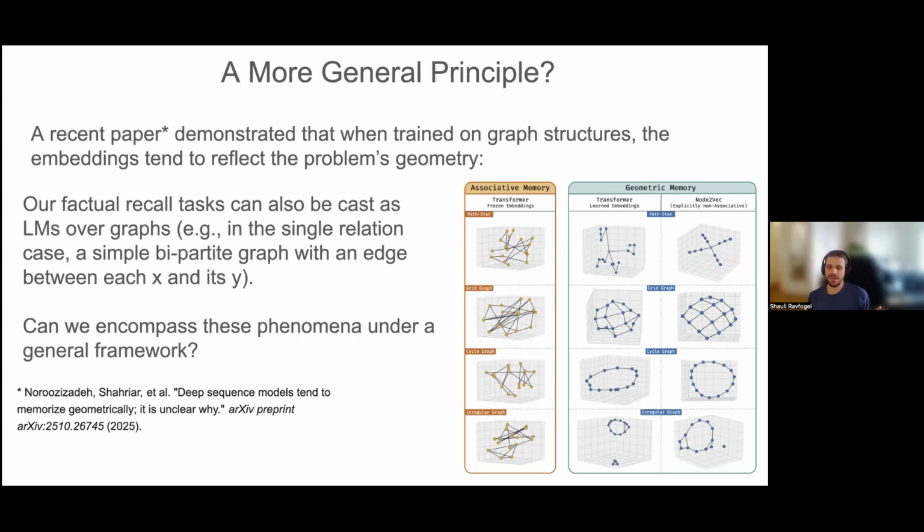You get embeddings that reflect the particular geometry that you trained on. Our analysis can be seen as a special case of this, because factual recall, at least in our simple toy setting, is inducing a particular bipartite graph with edges corresponding to the associations between the entities and the answers.